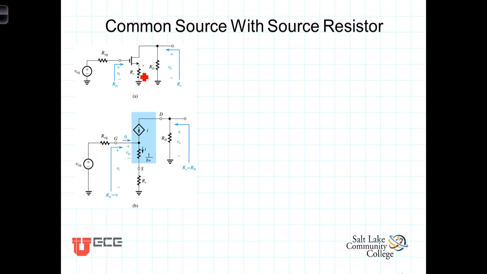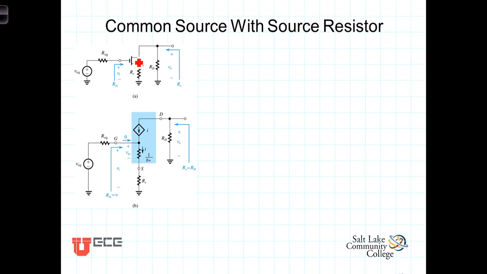We can understand that by realizing that any voltage drop across R sub S will reduce the voltage between the gate and the source.